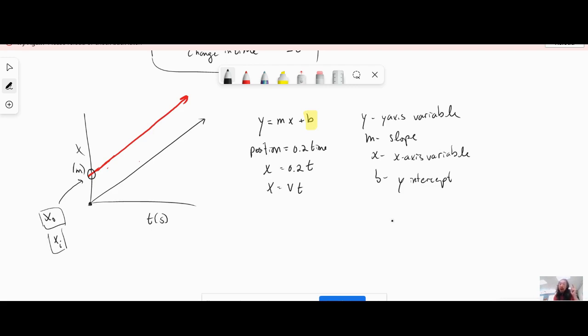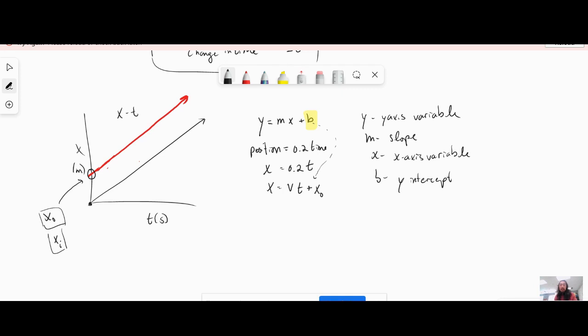Now, according to that red line, we can now have a better definition and a better formula for our position-time graphs. And that would be x is equal to vt. And if we were to just transfer this plus b over, we would say plus x initial.